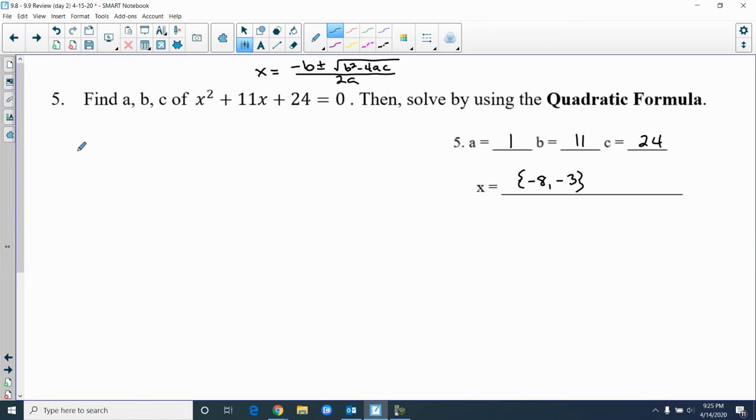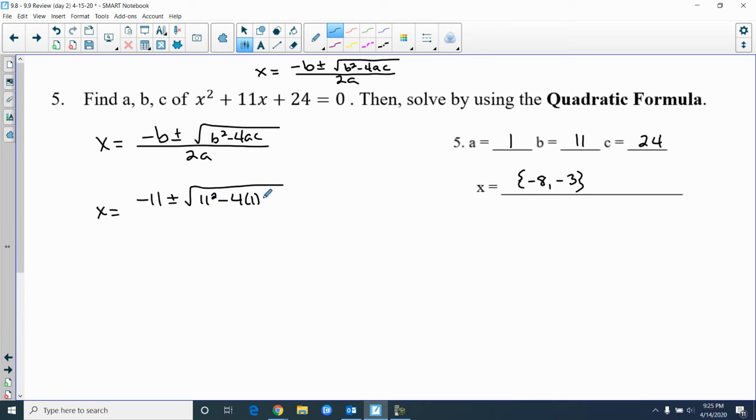Okay, so now I got x equals the opposite of b, plus or minus the square root of b squared minus 4ac, all over 2a. Opposite of b, negative 11. B squared is going to be 11 squared, minus 4.